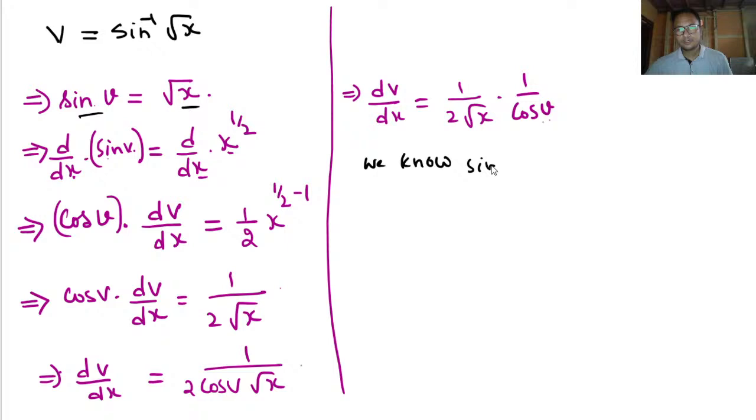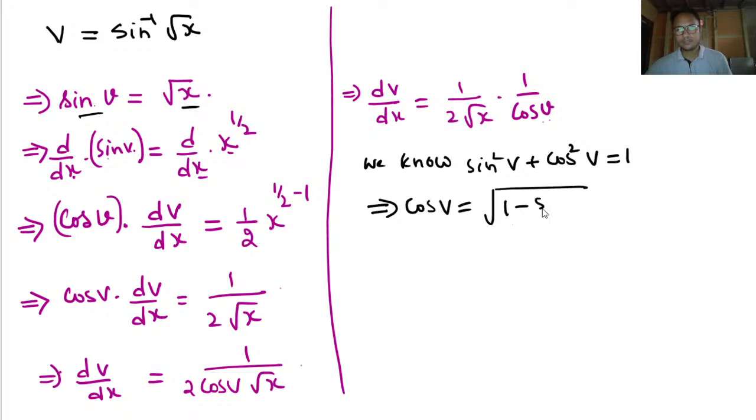Sine square v plus cos square v equals 1. So cos of v is nothing but under root of 1 minus sine square v, which is under root of 1 minus x.